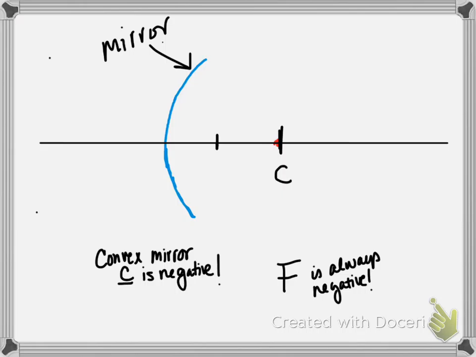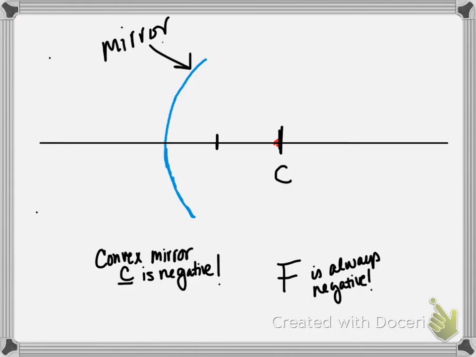But here's the question, and we'll answer it mathematically: can a convex mirror form a real image? What do you think so far? Let's do it mathematically and look at every case we can imagine.